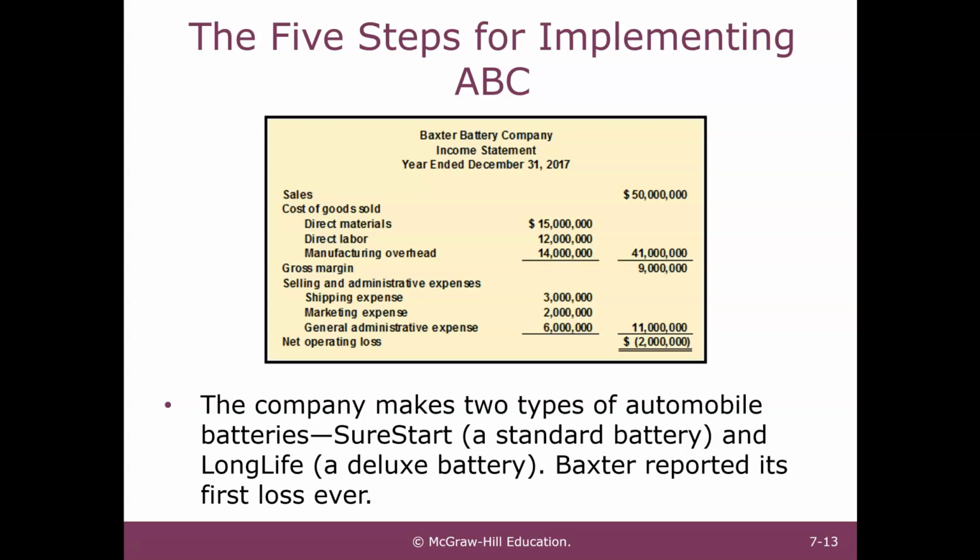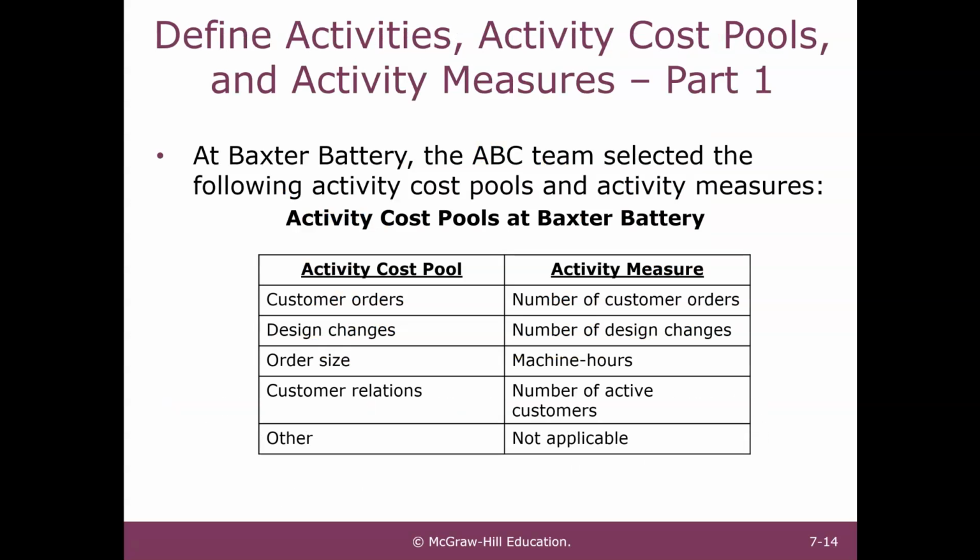They have a $2 million net loss for 2017. And we're going to take a look at these costs and move them around into ABC costing so we can better manage the two types of batteries.